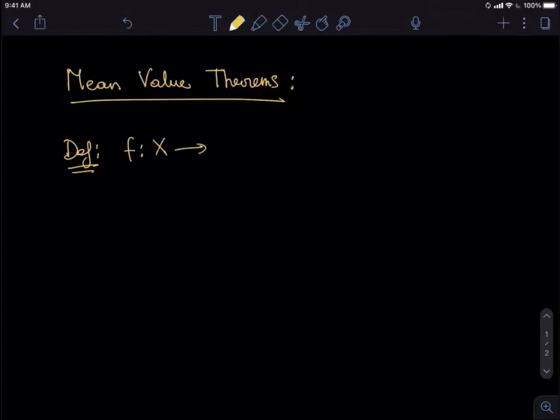Let's say we have a function that goes from a metric space X, a general metric space, into the reals.